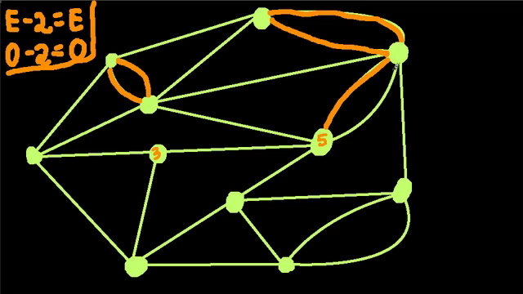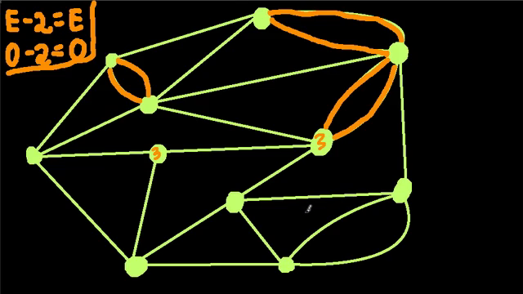We don't need 2 edges there, so take those out. So now this becomes not a 5th degree vertex, but a 3rd degree vertex. So I'm going to fix that. Oops, wrong color. 3rd degree vertex. Oops, that's not the right pen. And this becomes a 2nd degree vertex.